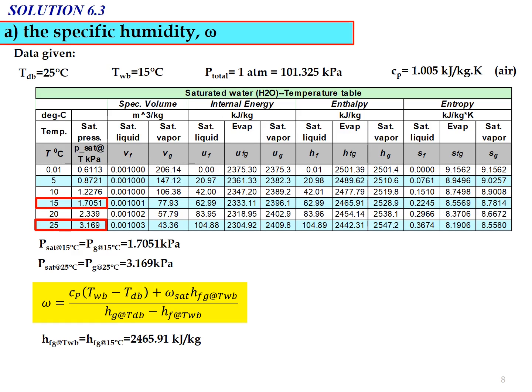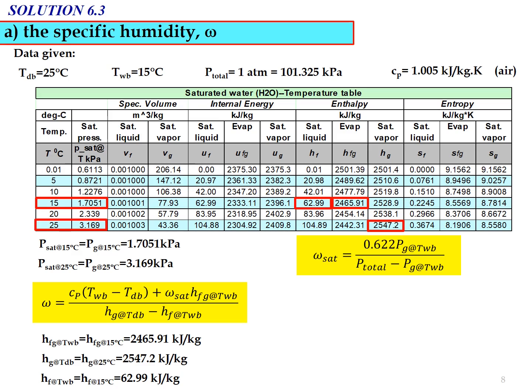Using the saturated water table, Hfg at 15 degrees Celsius equals 2465.91 kilojoule per kg, Hg at 25 degrees Celsius equals 2547.2 kilojoule per kg, and Hf at 15 degrees Celsius equals 62.99 kilojoule per kg.